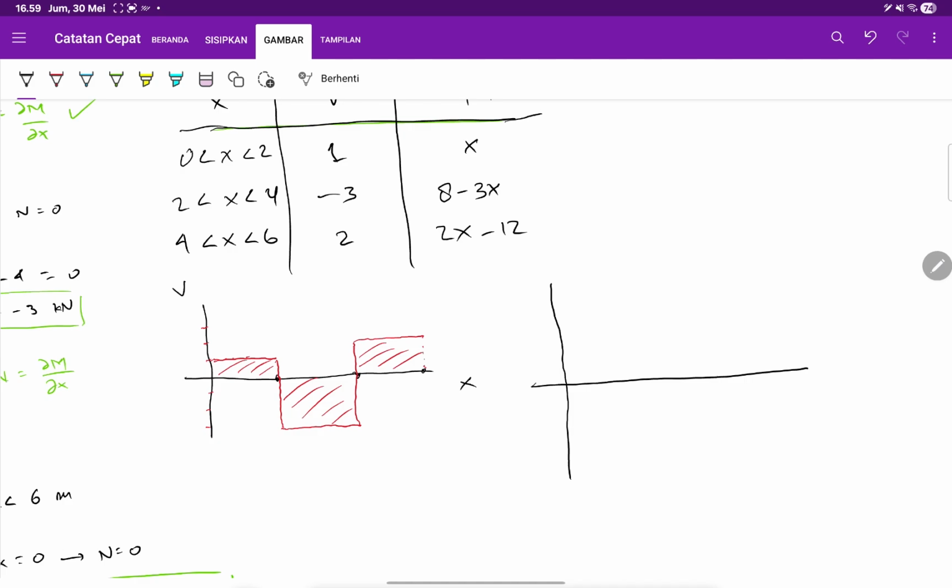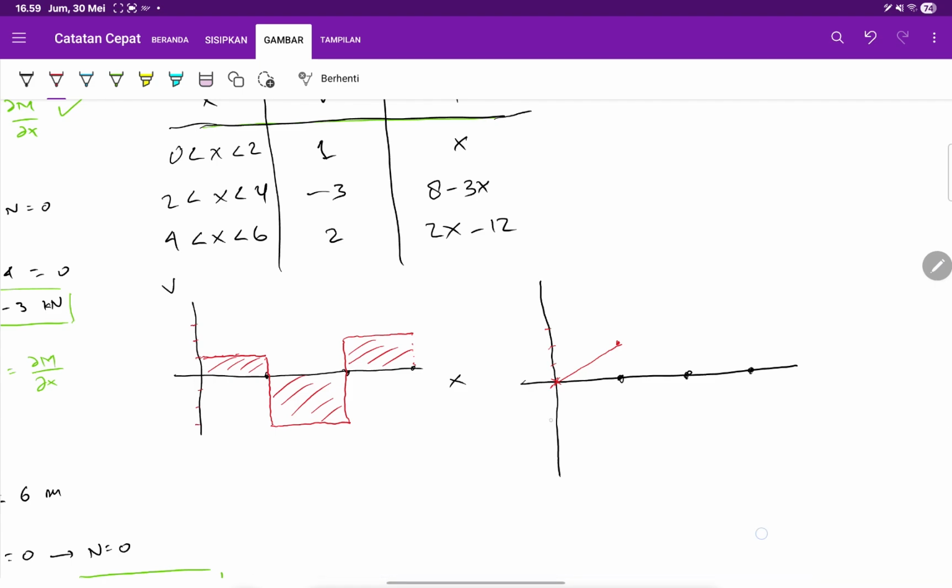If x is 0, this will become 0. If x is 2, it will become 2. And then if x is 4, 3 times 4 is 12, 8 minus 4, it becomes something like this.